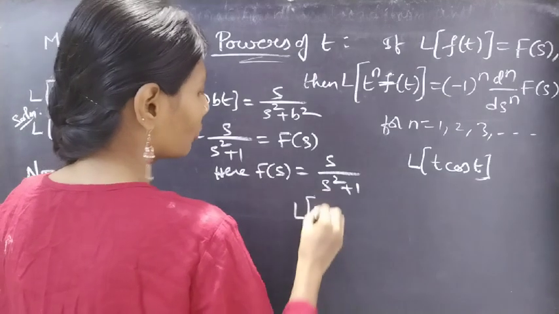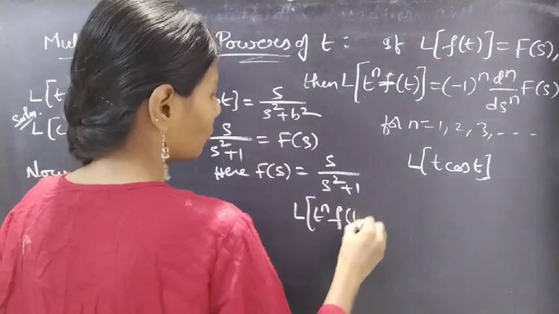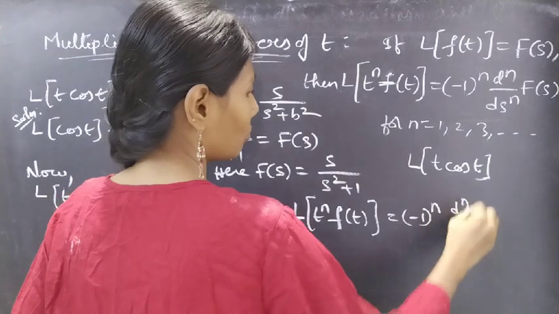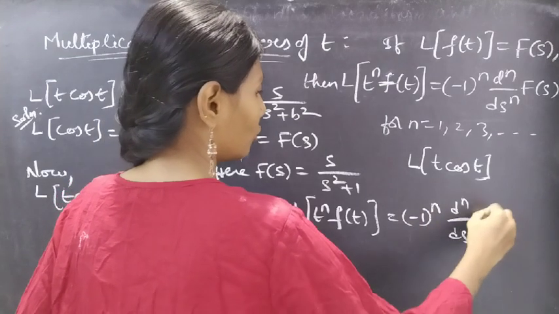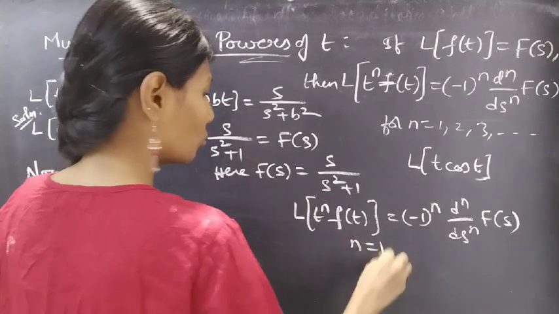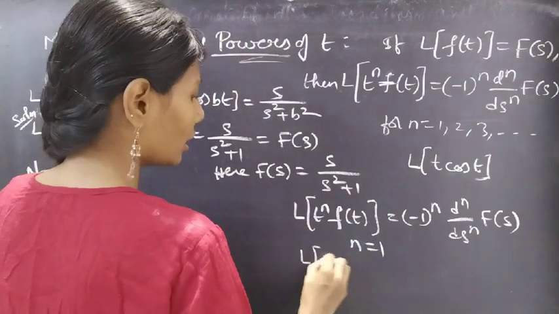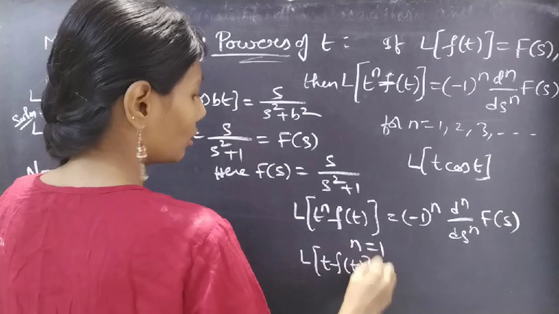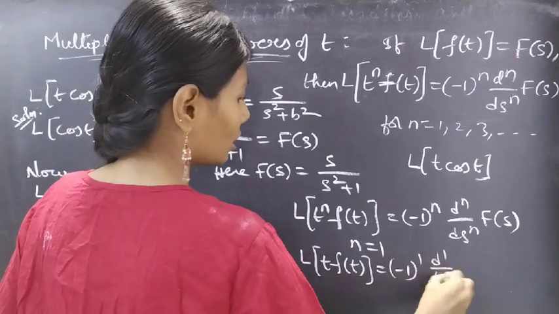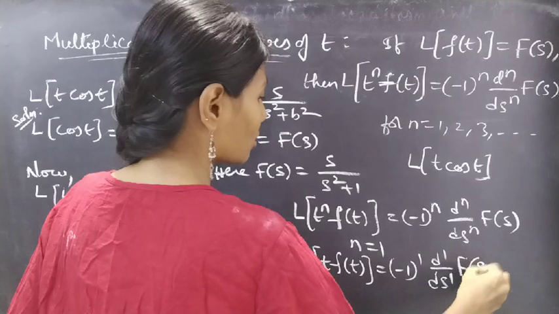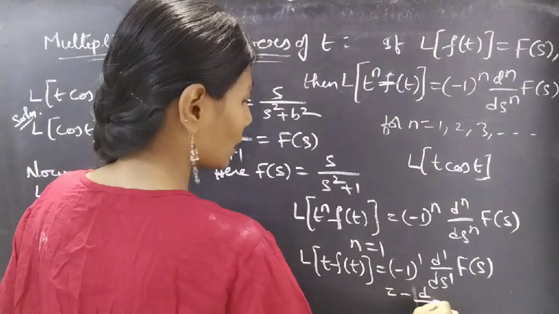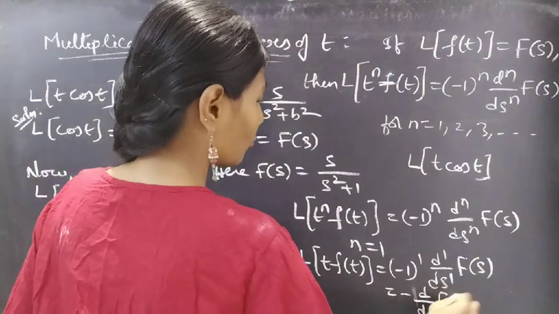Then for power 1, that is for n equal to 1, we'll get L of t f of t equal to minus 1 power 1 into d power 1 by ds power 1 into f of s, right? That means we'll get minus d by ds into f of s.